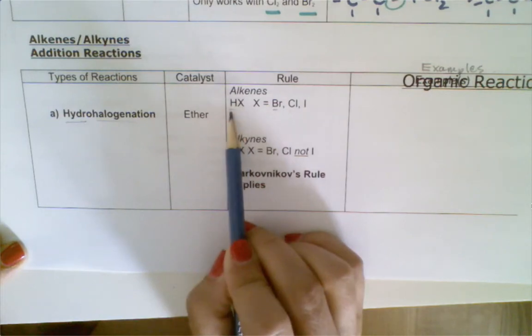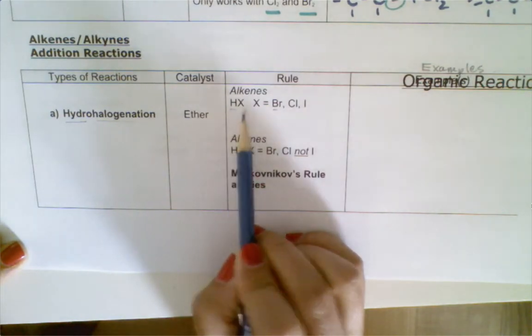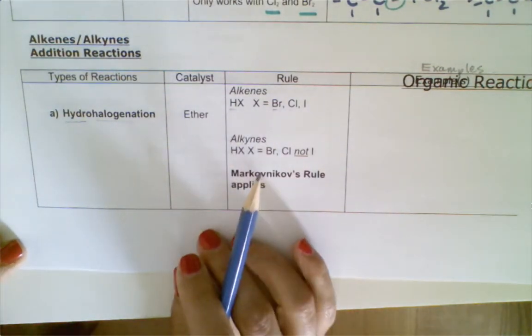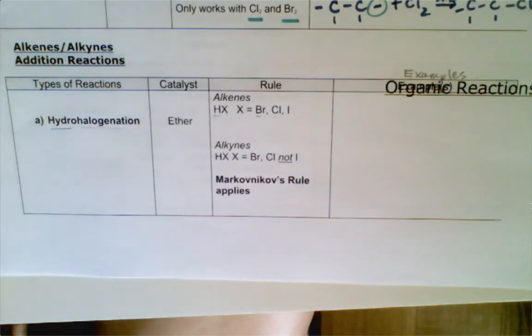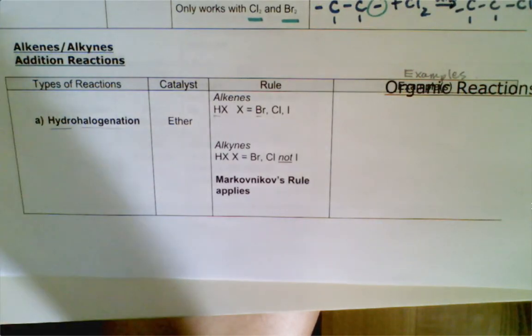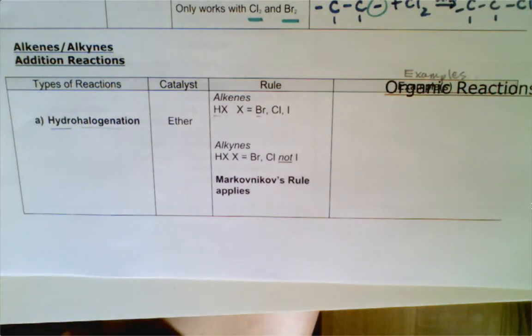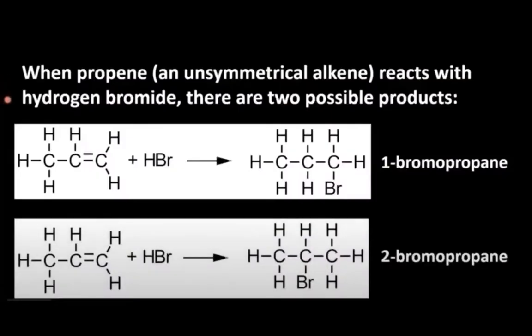Okay, so hydrogen bromide, hydrogen chloride, or hydrogen iodide can get added to an alkene. So what we're going to do is take a look at an example with propene, and we'll see how that works. And then we're also going to apply something known as Markovnikov's rule. So let's take a look at this video, and then we will come back and do the example.